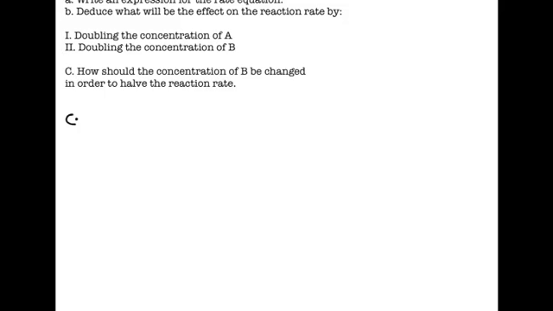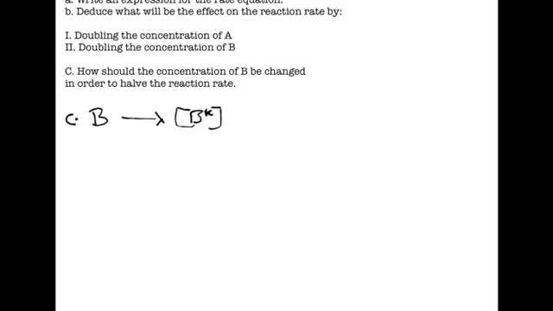Now the C said, how should the concentration of B be changed in order to halve the reaction rate? Okay, so let the concentration of B become B asterisk when it is doubled.